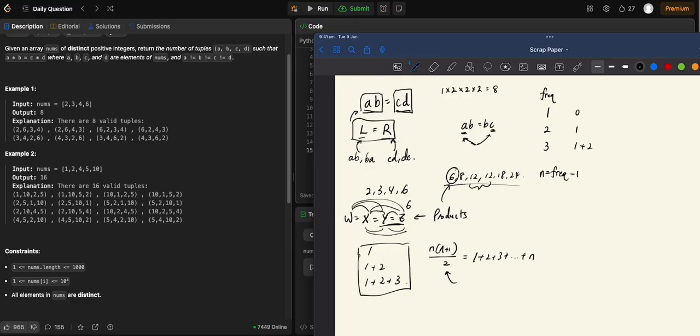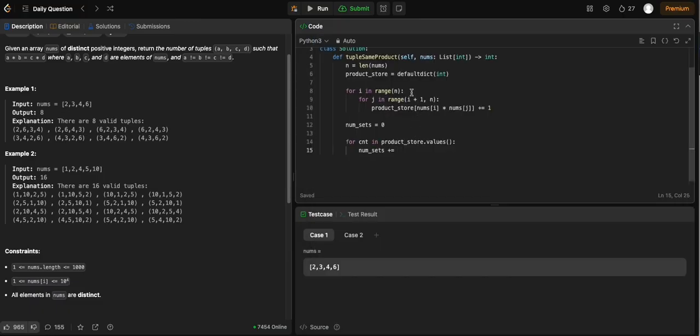Yeah, I was just thinking why is 2 giving 0 on this formula, but yeah, this is correct. We can just set n equals frequency minus 1 based on the pattern we see here. So what we want to do is code up count minus 1 times count divided by 2. So we just want to do that.